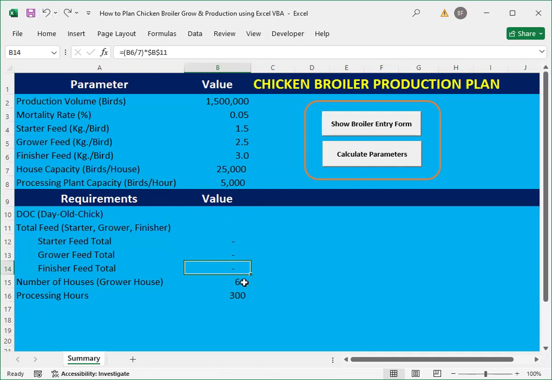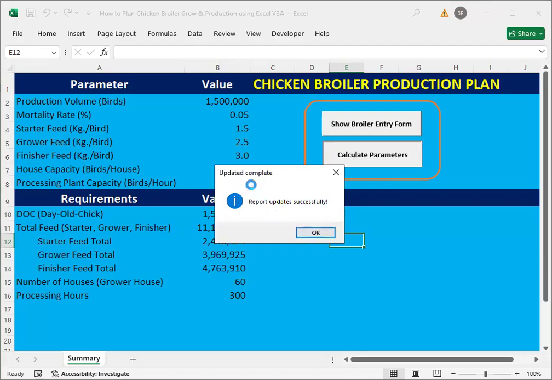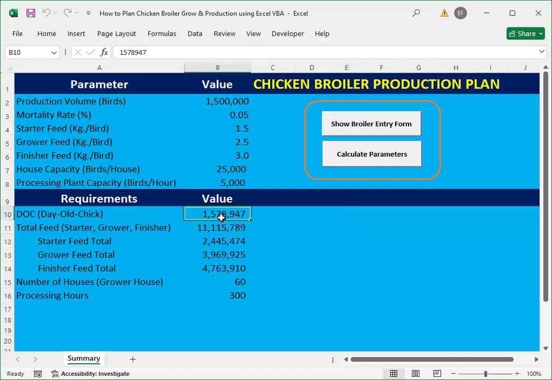I'm gonna remove this as well. Okay. What I'm gonna do is I'm gonna calculate the parameters again. Calculate. Updated complete, report updated successfully. Okay. So therefore, in our 1.5 million, our DOC requirement would be 1,578,947. Okay.